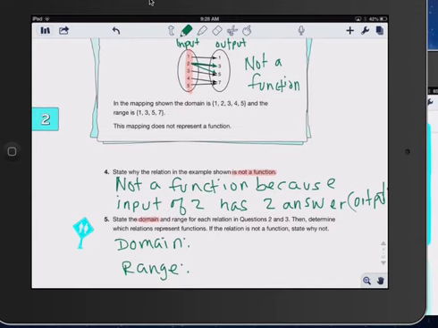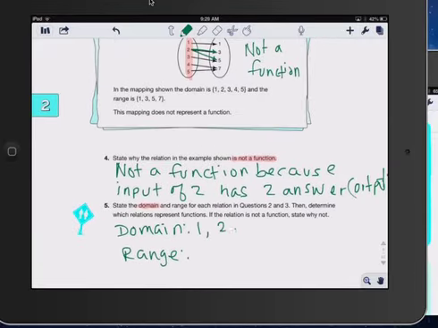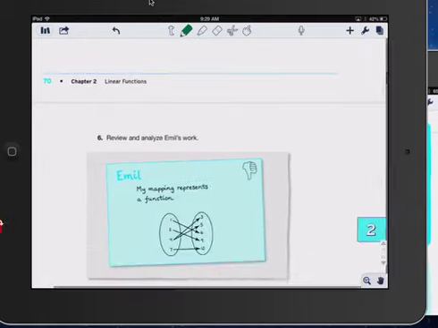Okay, so give me all the numbers that are the input for the domain. 1, 2, 3, 4, 5. What is the range, Isaiah? 1, 3, 5, 7. Do you understand what a domain and range is? Yes. Okay.